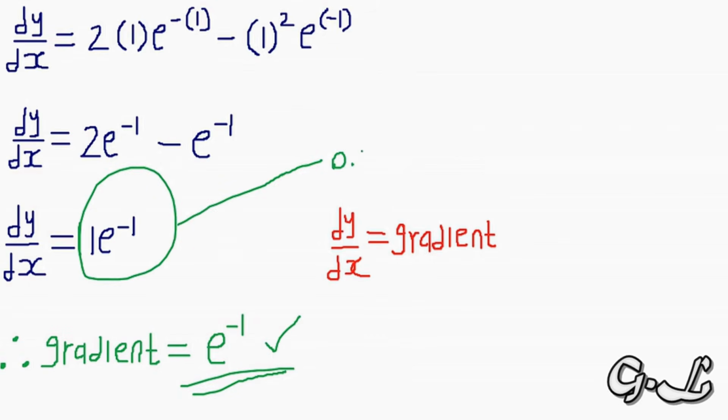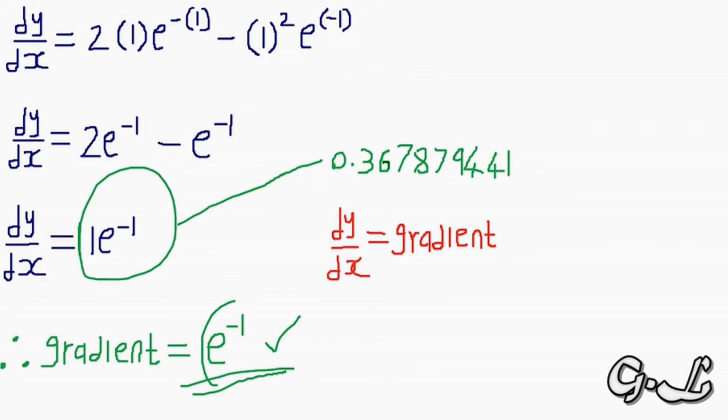If you want, you can further do calculations on this and get a numerical value. But in this tutorial, we're going to leave it as e to the negative 1 so that our answer has accuracy.